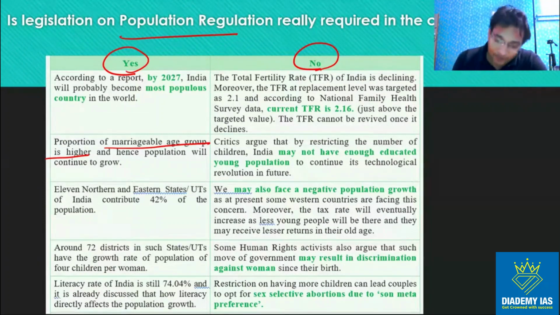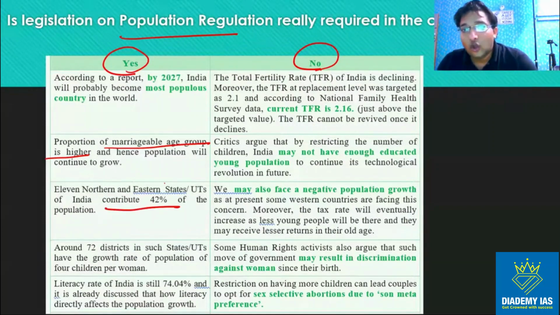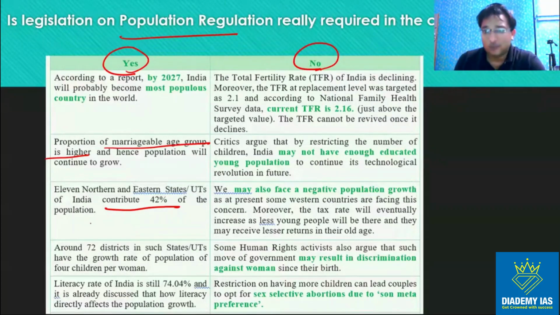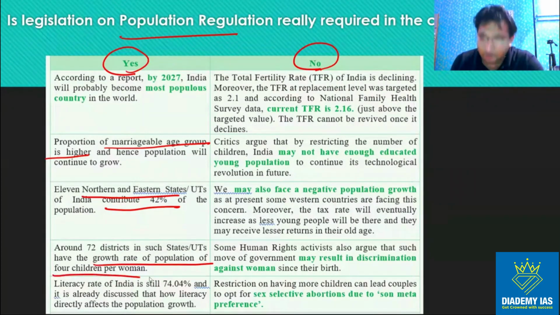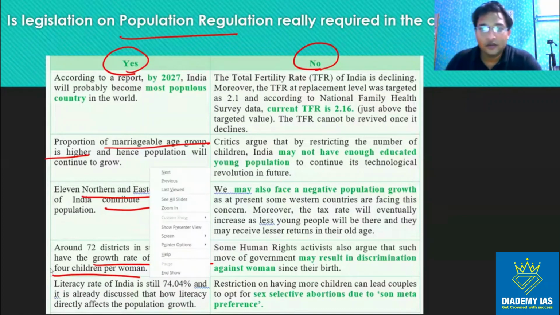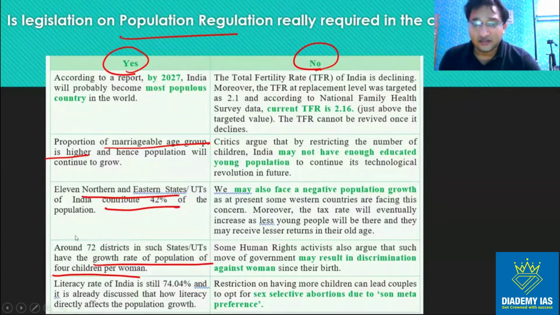11 northern and eastern state, they contribute 42% of the population, ठीक है। तो northern और eastern states में बहुत ज्यादा population है, we have to control this population. Around 72 district in such state or UTs have the growth rate of population of 4 children per women, ठीक है। तो 72 district के अंदर average TFR क्या है, 4 है, which is very very high.